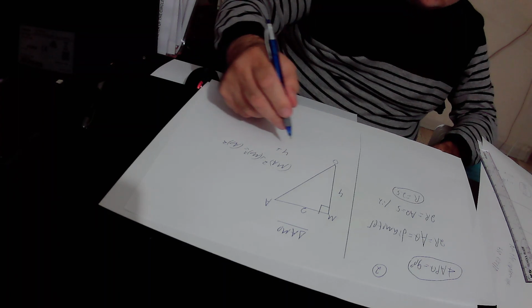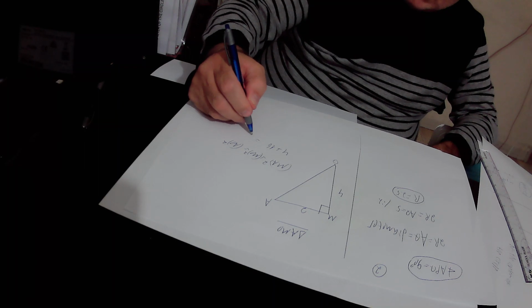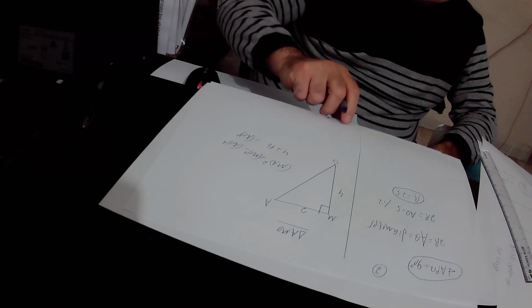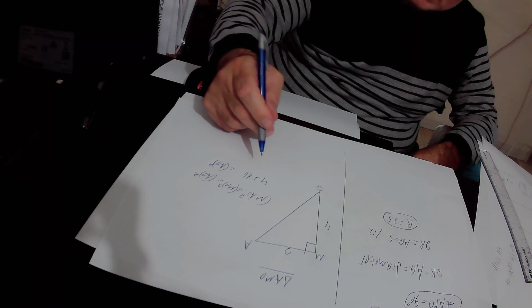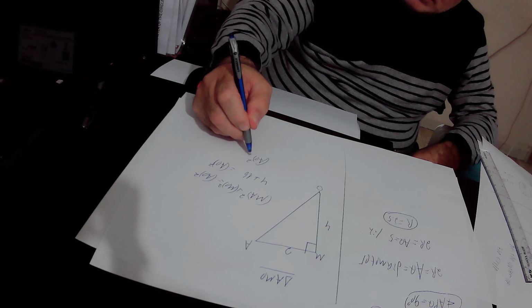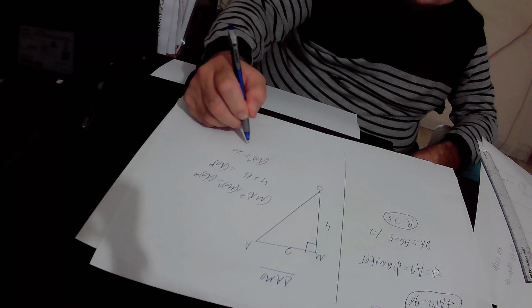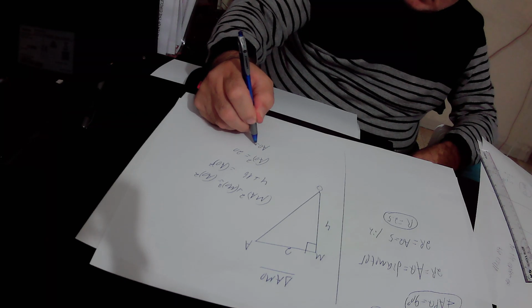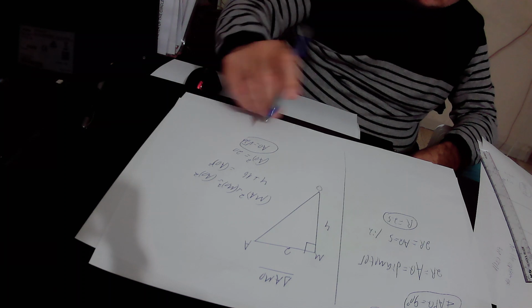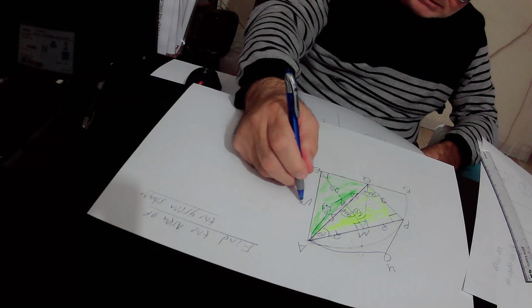MO is 4, therefore MO square is 4 squared, that is 16, equals AO square. So AO square equals 4 plus 16, that is 20. We take the square root of this equation and we get that AO equals the square root of 20 units.